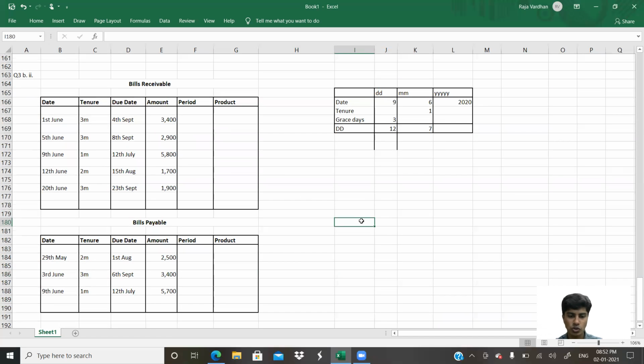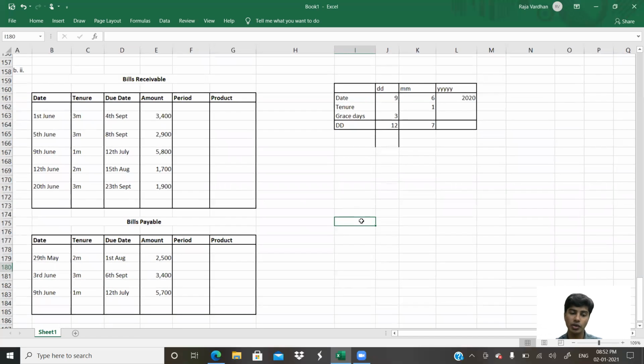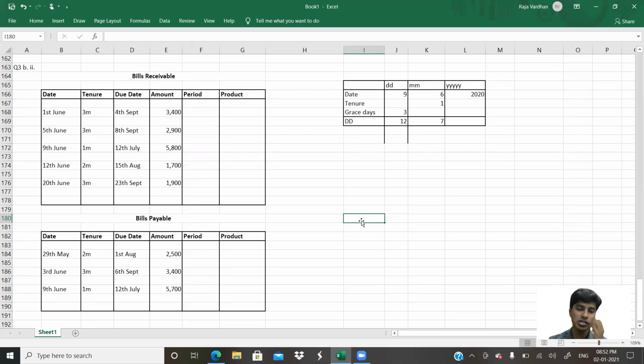Sometimes a lot of materials, or a lot of faculties, if the same due date has appeared multiple times, take such a date as the base date, so that multiple zeros will come and the product will become easier. But what you need to note is, if you take a date other than the earliest due date as base date, you'll have negative periods for some items and the product will become negative.